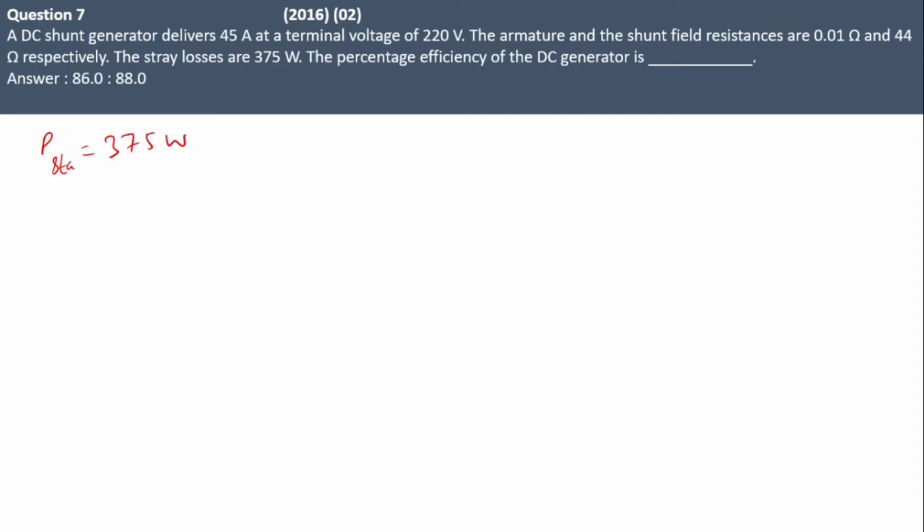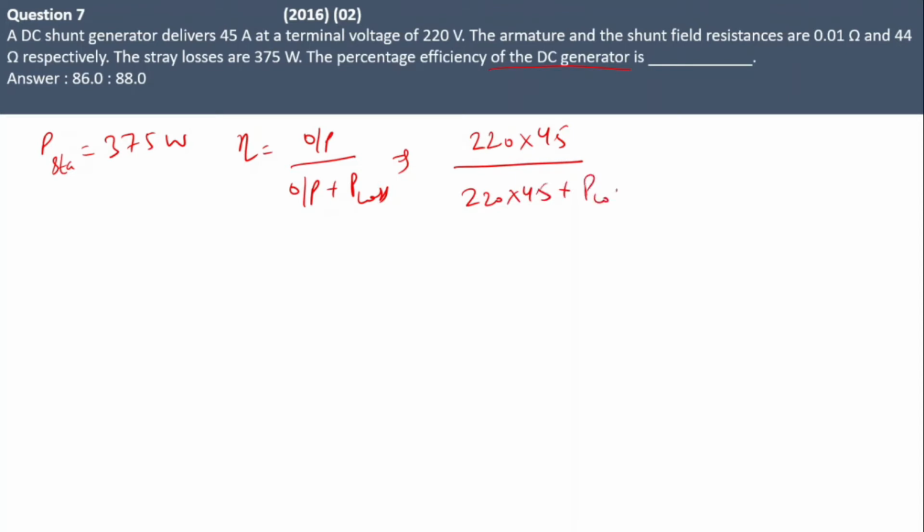The percentage efficiency of the DC generator is, you know, efficiency equal to output by input. Input is output plus losses. So output is how much? At 220, what is the current? 45. Output is 220 into 45, plus losses. So you have to find out the losses.